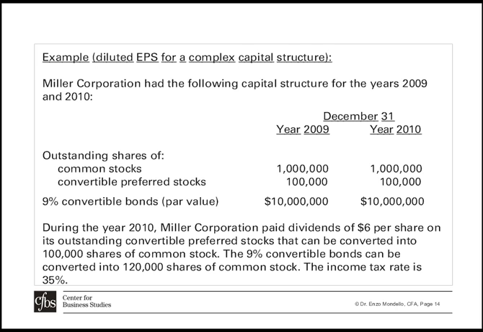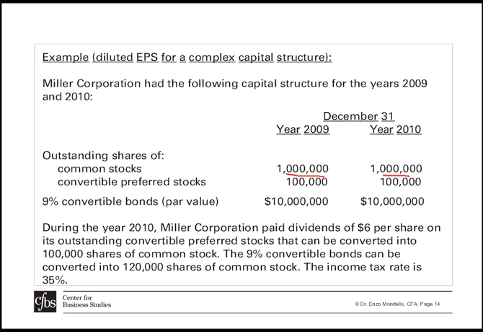Then let's take the example here. That's a diluted EPS calculation for a complex capital structure. So we have Miller Corporation, which had the following capital structure for the years 2009 and 2010. So we see for the years 2009 and 2010, outstanding shares of common stock: 1 million shares of common stock were outstanding for both years.